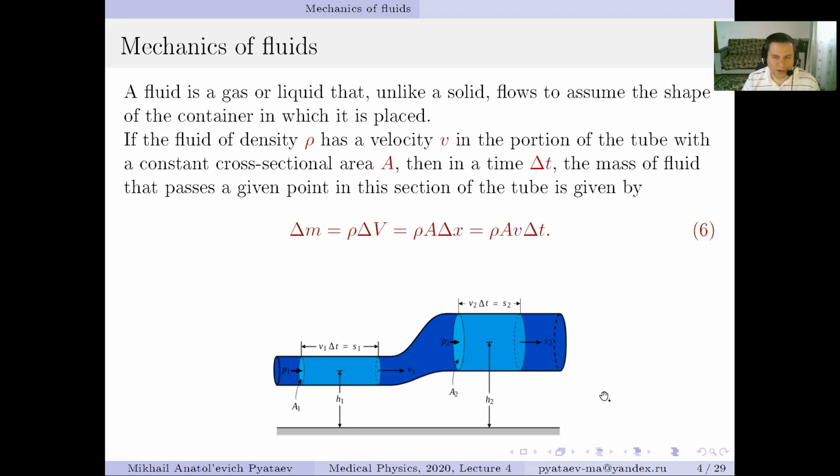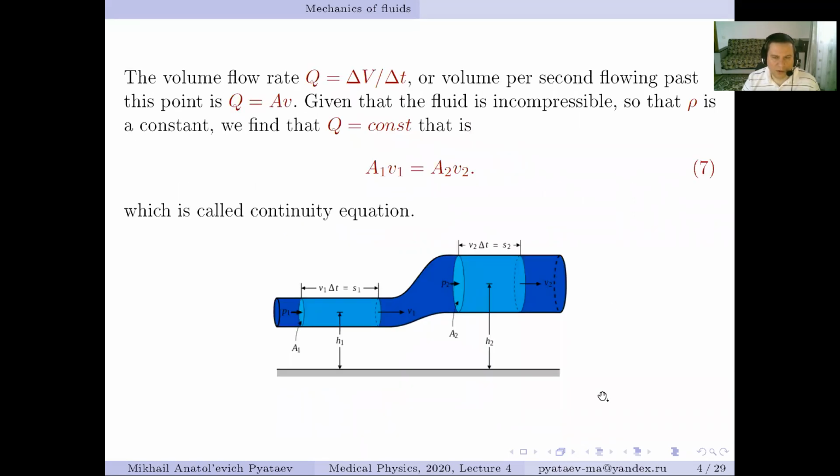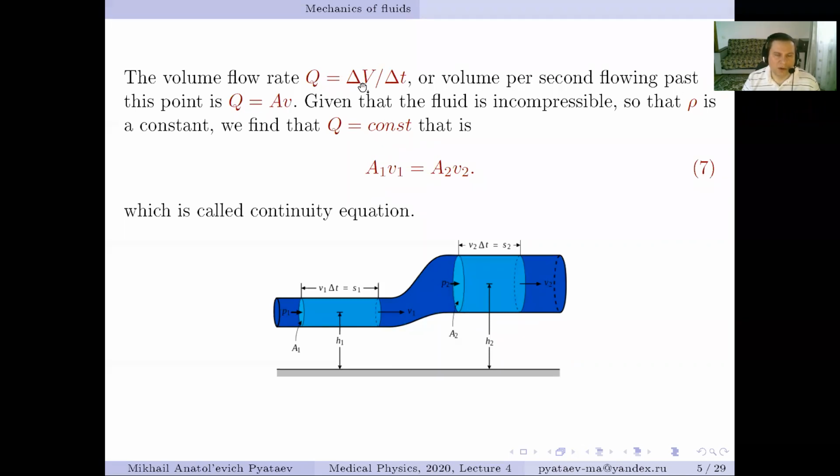And this ratio allows us to define a new physical quantity, which is volume flow rate, defined as the volume passing a given cross-section in time delta t, the ratio of this volume to time delta t.